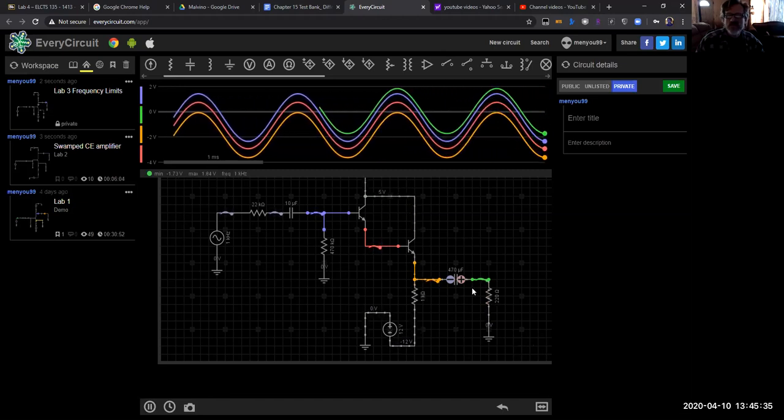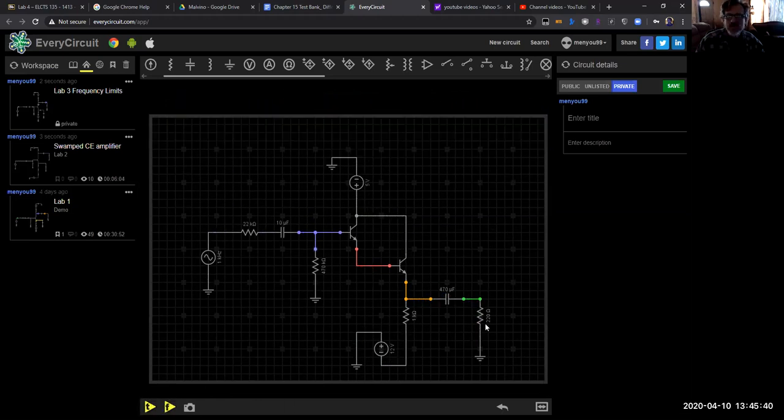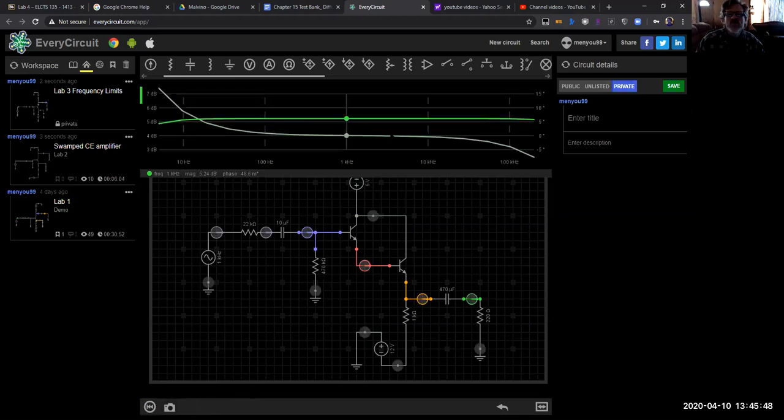We could vary some components and even see. And of course, you can go through, like I was saying, and even compare what your Bode plot would be to see if this thing is stable. And look at it, it's nice and smooth. You can vary components and look at that as well and see how this amplifier holds up.